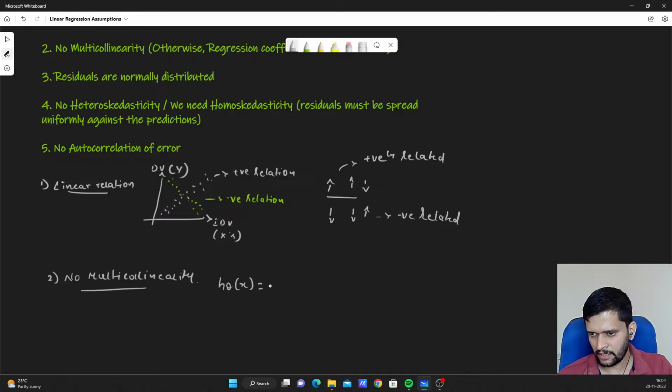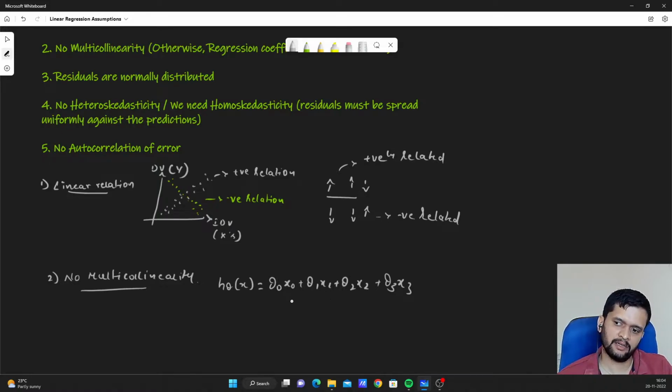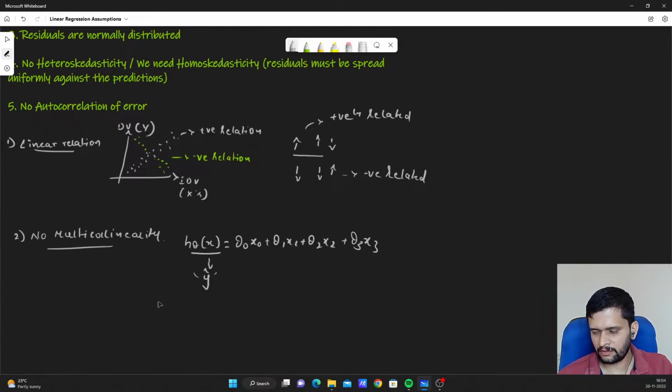Okay, I can write it as theta 0 x0 plus theta 1 x1 plus theta 2 x2 plus theta 3 x3. Let's say that we have 3 features as our independent variables, and this is our hypothesis which gives our prediction or y hat. Okay, so for now we will ignore this term because x0 is always 1, right? Let's ignore theta 0 x0 for now.